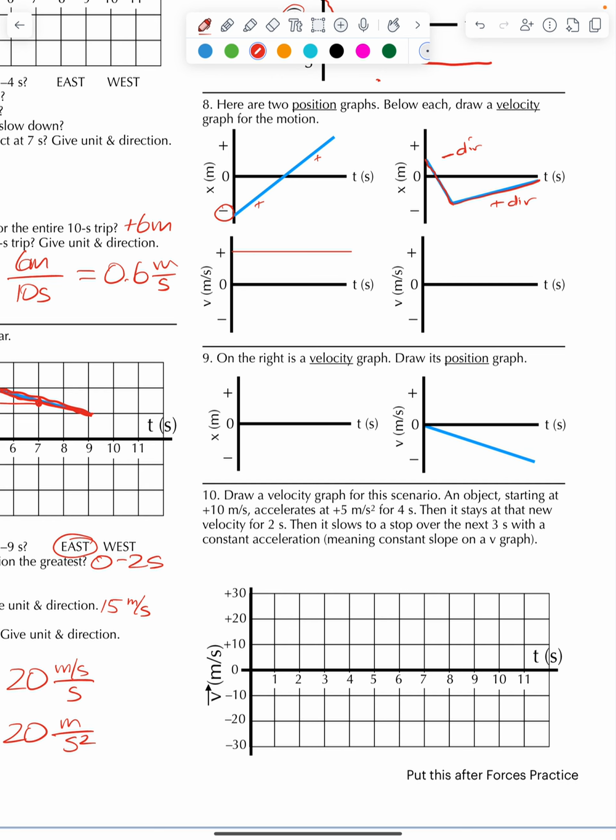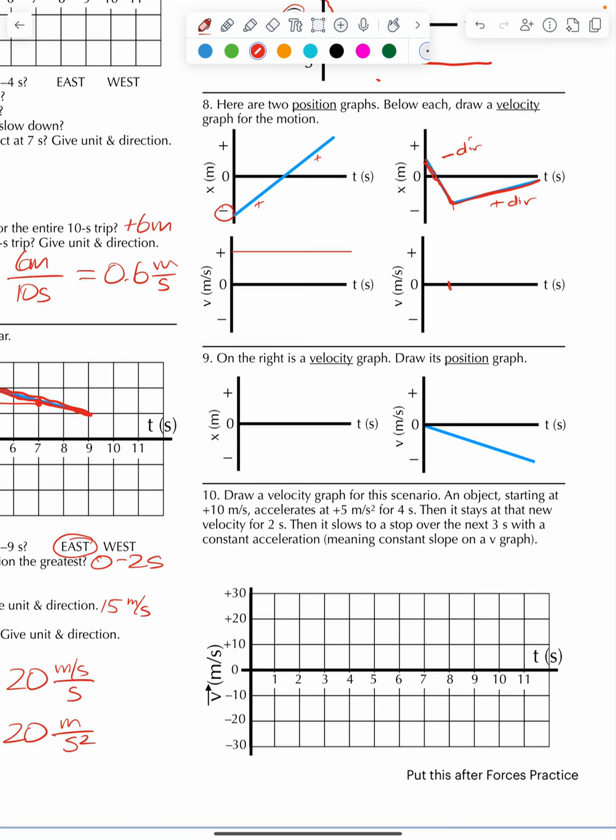But importantly, how does the velocity compare for this portion compared to that initial portion? It's slower, right? So we want to draw something on a velocity graph that represents a constant velocity going in the negative direction. And then at this time right here, we need to start going in the positive direction at a slower speed.